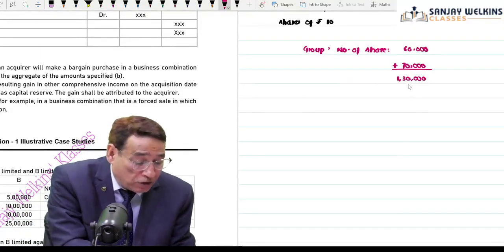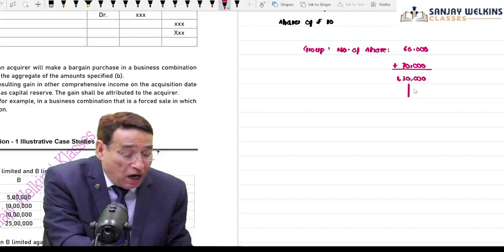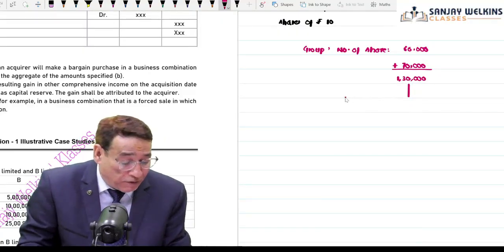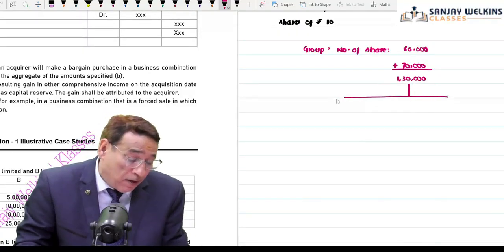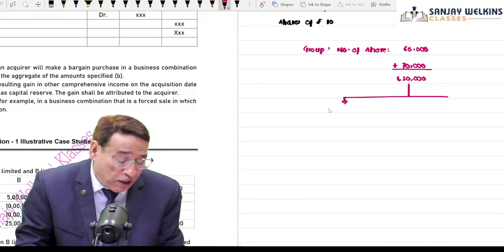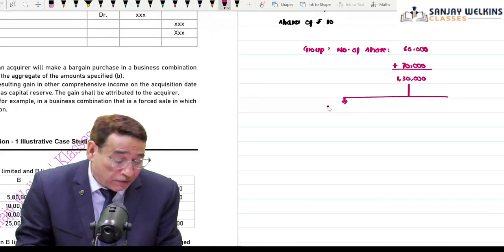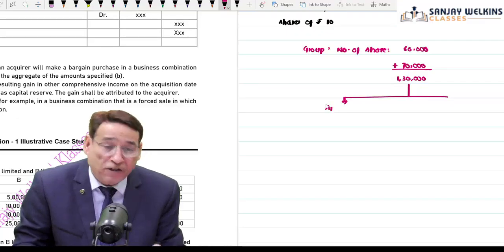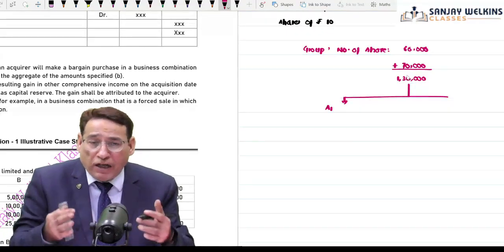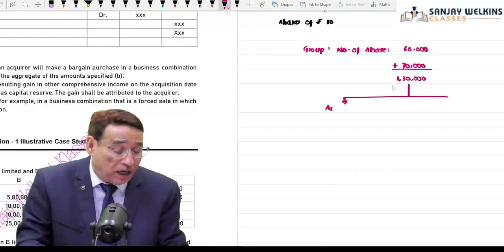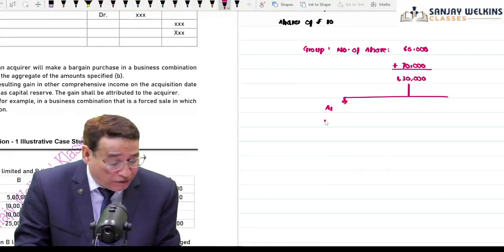Now pay attention. What is happening in this case? Out of 1,30,000, how many shares are held by A1 Limited? Are you holding 1,30,000 shares? No, because out of 1,30,000 shares, you have in your hand only 60,000 shares.